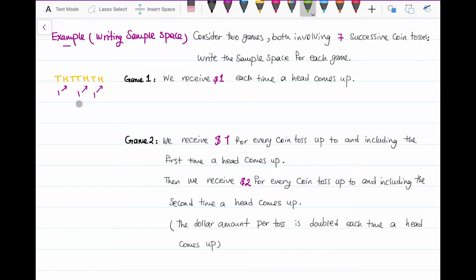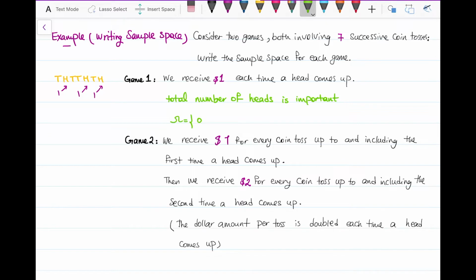And so as you see in game 1, the total number of heads is important. Okay, and so the sample space here would be the number of times that we get head.